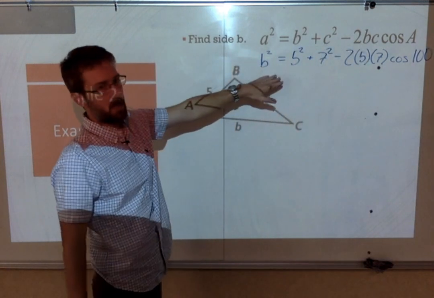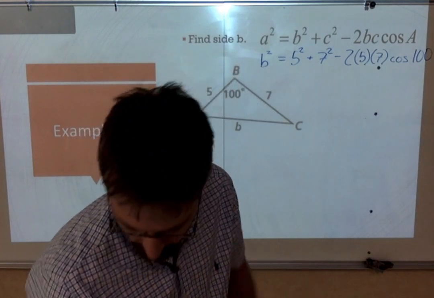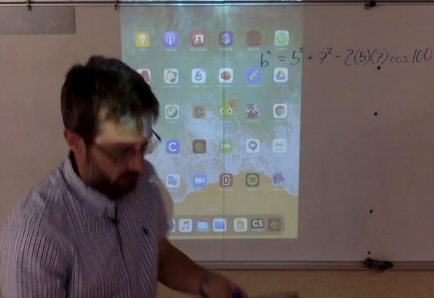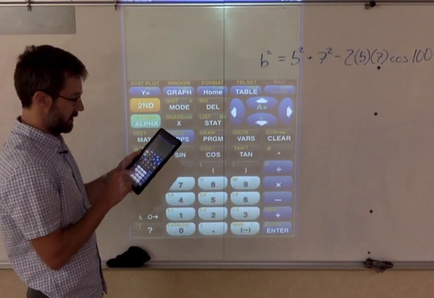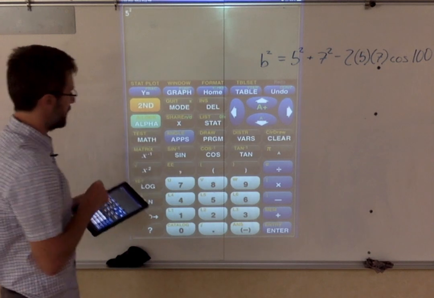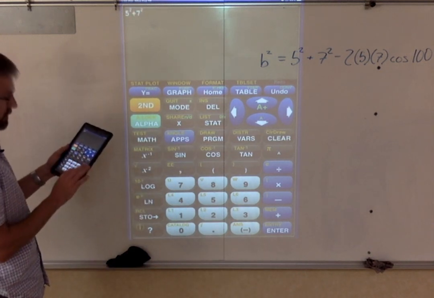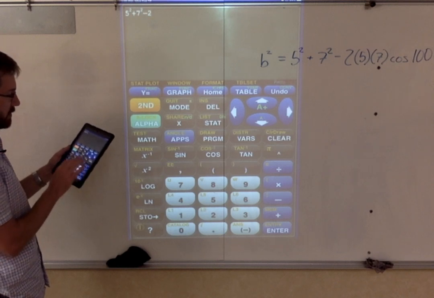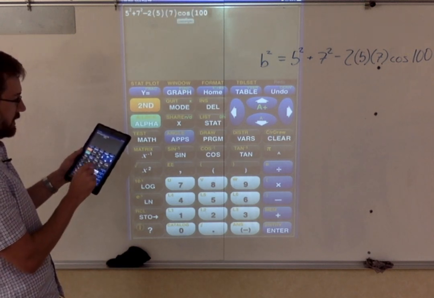Now I'm going to plug all of that into my calculator, write some stuff down, and then finish it off. So how that should look is 5 squared plus 7 squared minus 2 parenthesis 5 and parenthesis 7 and parenthesis cosine of 100 and parentheses.